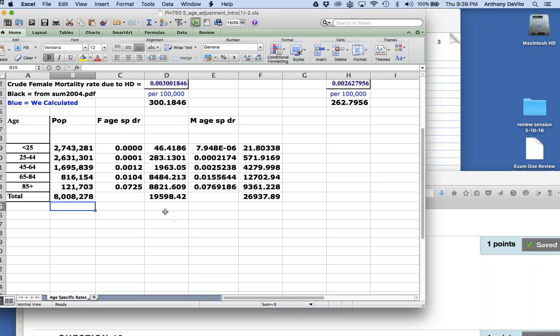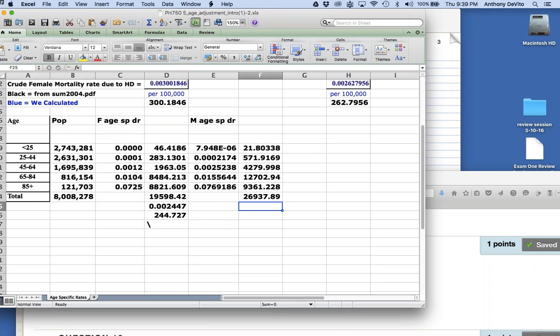Okay, so what's the death rate for females in this population? Well, death rate is equal to 19,000 divided by 8 million. Okay, it's 0.002, or in other words, we could also do it this way. It's this number times 100,000. It's 244 women per 100,000 would die during the course of this year.